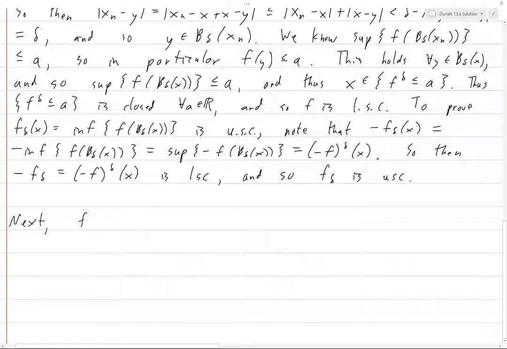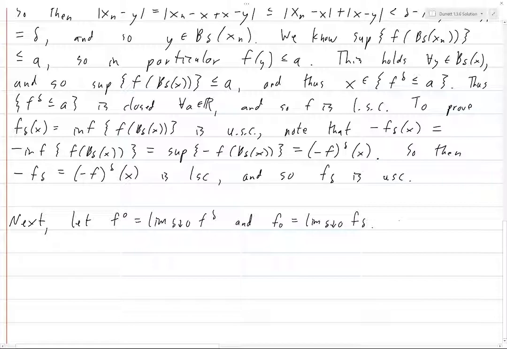So we're going to let f upper 0 be the limit as delta decreases to 0 of f upper delta, and f lower 0 be the limit as delta decreases to 0 of f lower delta.